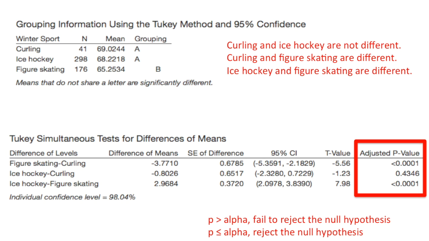So we would fail to reject the null hypothesis and say that there is not a difference between ice hockey and curling. And ice hockey and figure skating have an adjusted p-value less than 0.0001. So we would reject the null hypothesis and conclude that ice hockey and figure skating are significantly different from one another. Note that the results that we got using these adjusted p-values are the same as the results that we had earlier when we were using the grouping information from the first table.